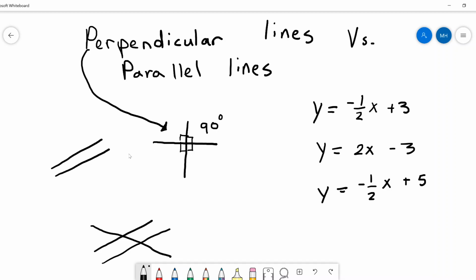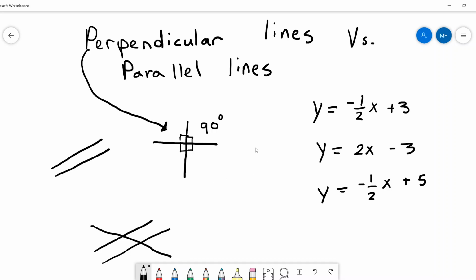So parallel lines will never intersect, and perpendicular lines will perfectly intersect at a 90-degree angle. Those are some of the basics of what classifies each. These are the two extremes that you'll be dealing with, and they have some unique properties and relationships.